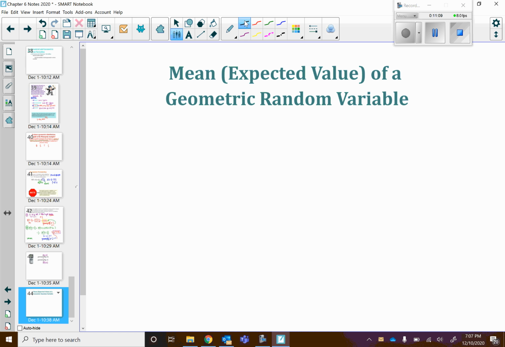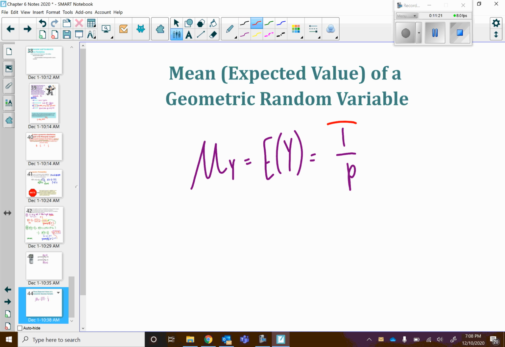The mean, or expected value, of a geometric random variable. The mean, otherwise known as the expected value, is equal to 1 over p. So let's take a moment and think about this. P is the probability of a success. In our last example, the probability of rolling doubles is 1/6. Now we know that a probability is a long-term frequency, right?